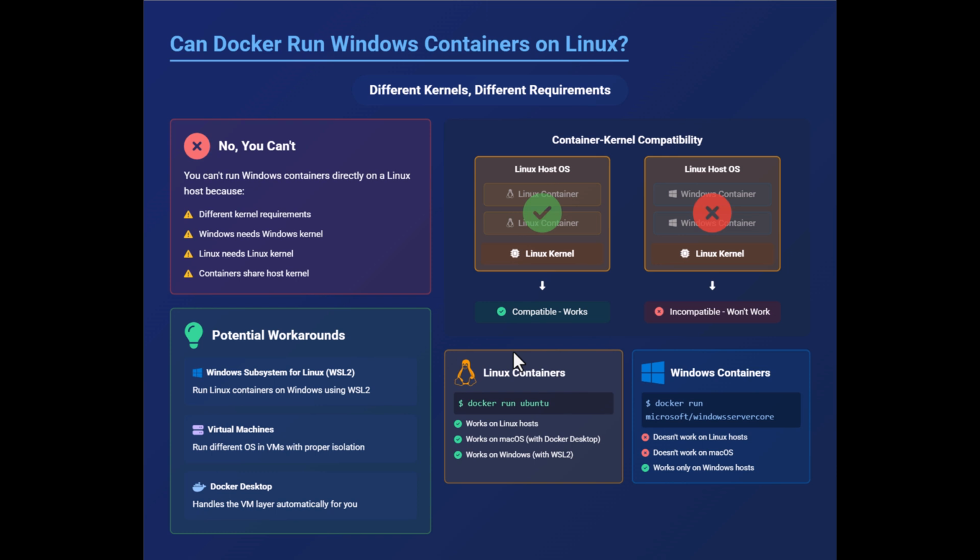Running a Windows container, docker run microsoft/windows-servercore, does not work on a Linux host, does not work on macOS, works only on a Windows host. To summarize, Windows containers need Windows, while Linux containers are much more portable across platforms. Let's move to the next slide.